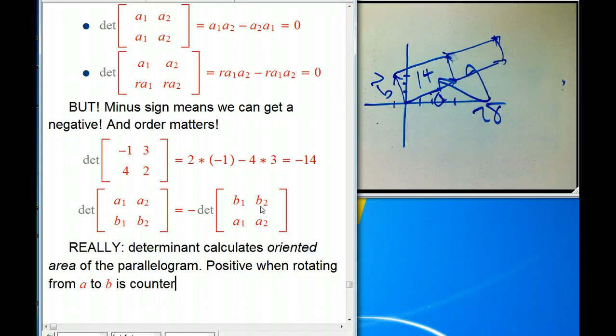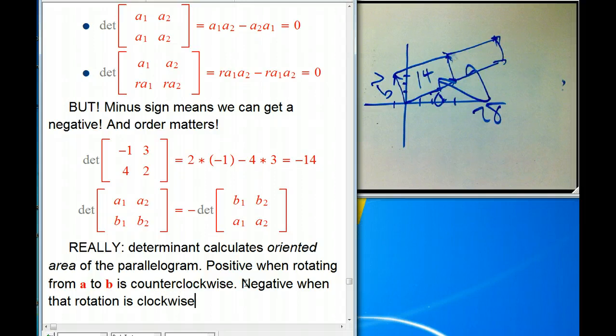That's the positive direction of rotation in mathematics. And so when you rotate from vector A to vector B, and that's counterclockwise, you get a positive answer, and it's negative when that rotation is clockwise.